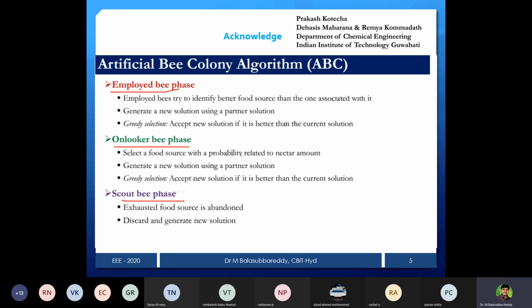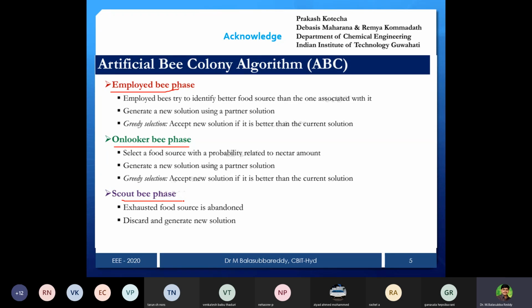So what you want to do is, initially we select randomly and compare. Once you select a random solution and apply the employed bee phase, a new solution is generated, and you compare the two and identify whether it is better or not using the greedy selection process, and you retain that.